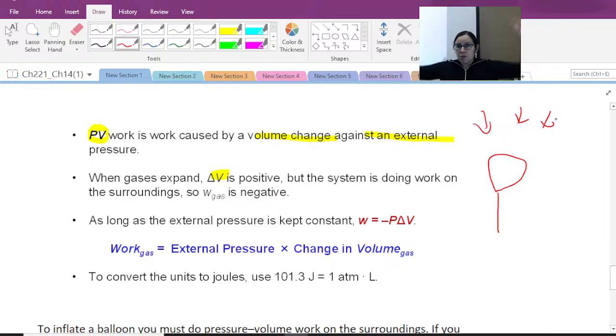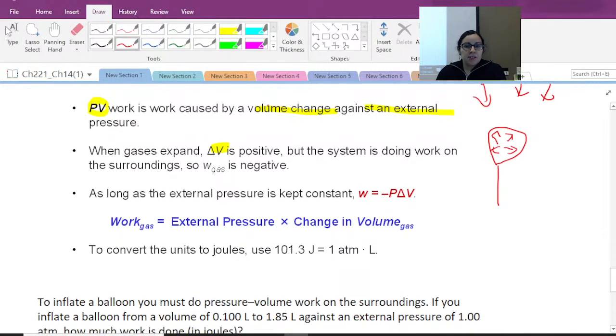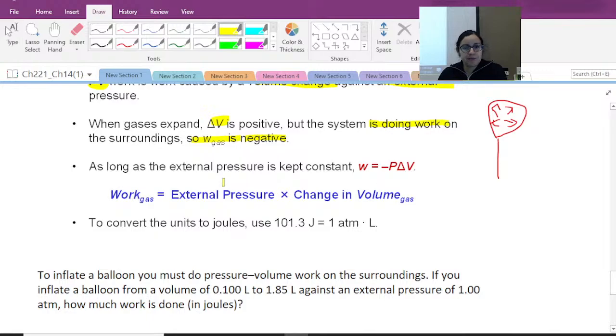We have the pressure of air beating down on our balloon, so in order to expand, our molecules inside have to work against this pressure. And so our system is doing work on the surroundings. So our gas is negative, so our gas is performing work. And this is at constant external pressure for our purposes.